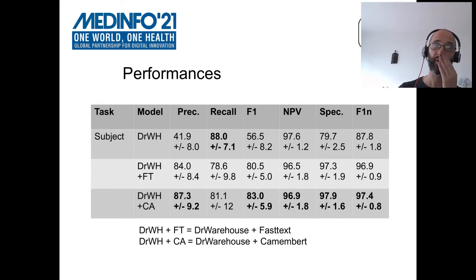And lastly, in terms of subject prediction, which is discriminating between patient and family mentions, we do quite a bit better, roughly 30 points better than Dr. Warehouse with expressions and rules. But we lose a little bit of recall, around 7 points. Given the importance of the gain we have overall in precision, we still feel that it's quite good. And here, the CamemBERT embedding really does better than the fastText one. So these were our results.